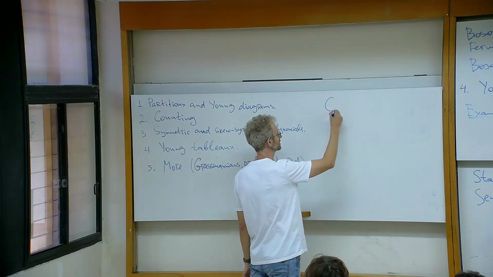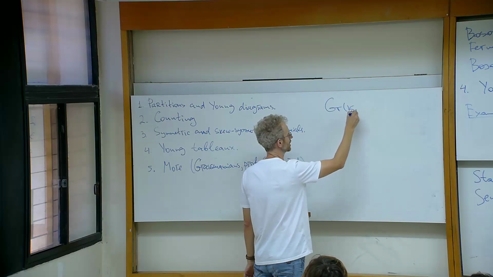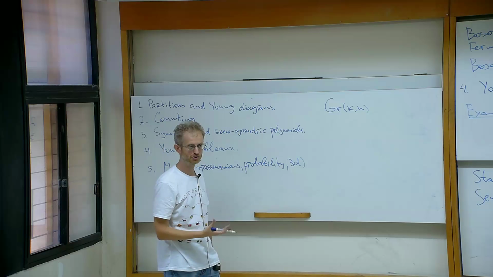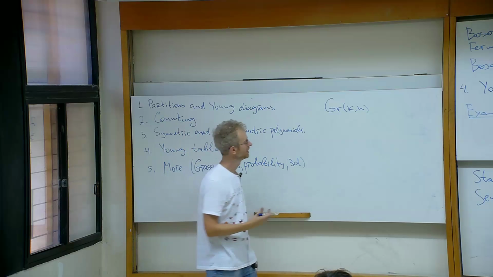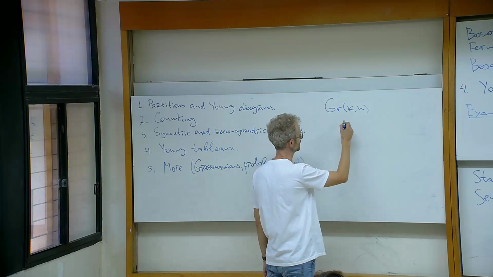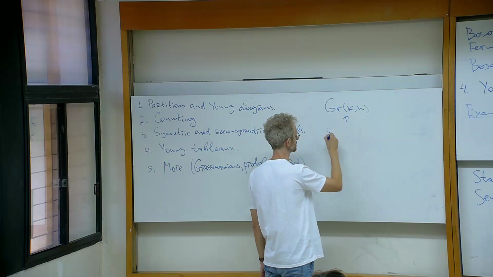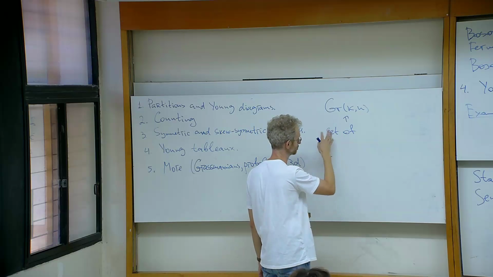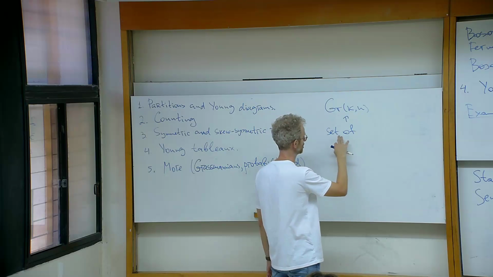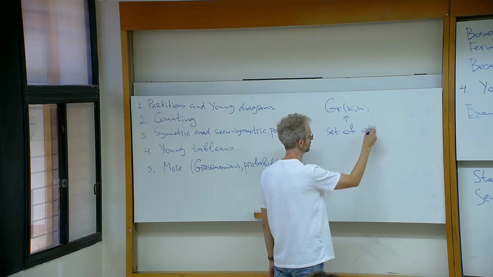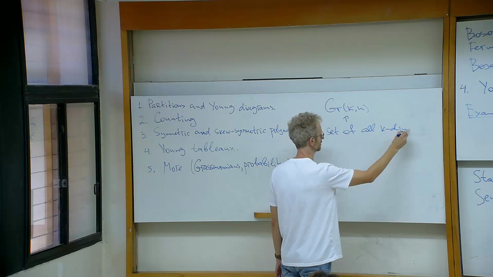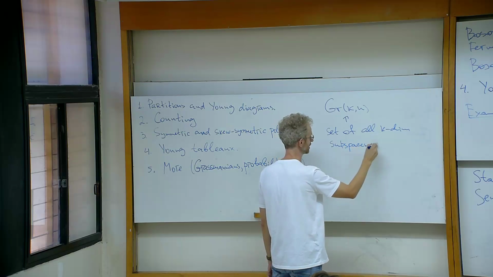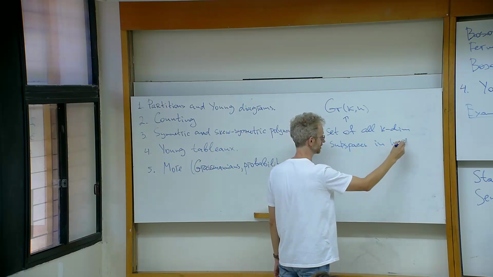So what is the Grassmannian? The Grassmannian is an algebraic variety or topological space, whatever you prefer. A point here is, well, actually the word set is a rude word, but it doesn't matter, the set of all k-dimensional subspaces in an n-dimensional vector space.